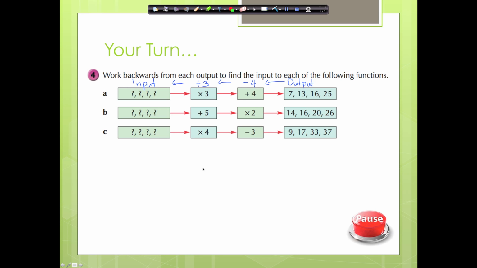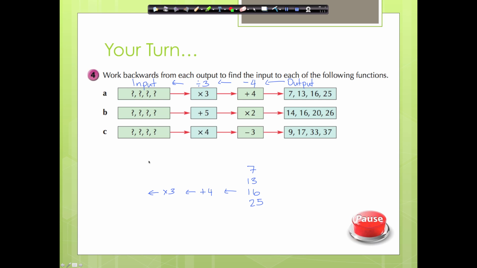Okay, so when you write this out, you're going to have 2 columns. So you're going to have 7, 13, 16, 25. And then you have your rules. So we've got +4 times 3.